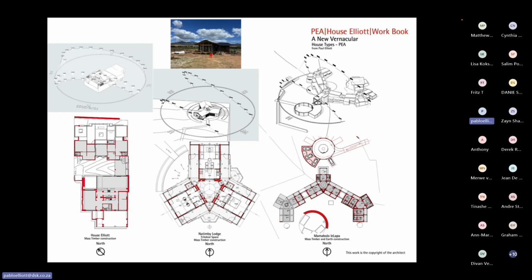So this is also built with mass timber, but I learned lessons. My house is overcomplicated, and this is a simplified version. And the reason for that is that the mass timber is not that cheap. It can cost you 15,000 Rand for a cubic meter. So it's best used in simple buildings and mass-produced and modular.